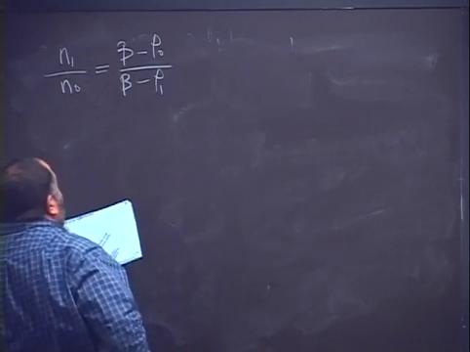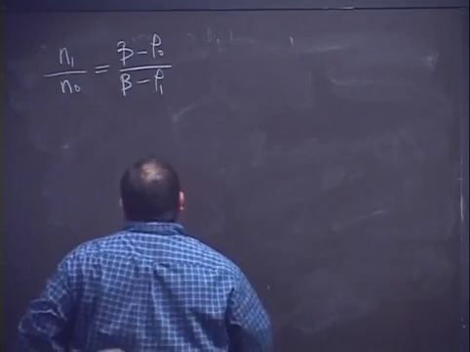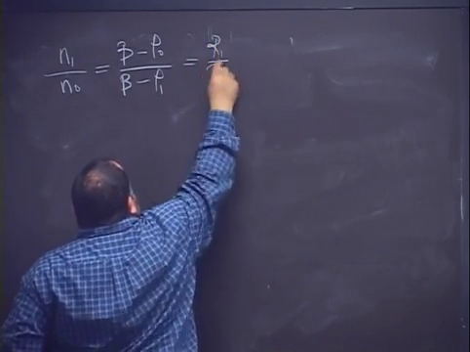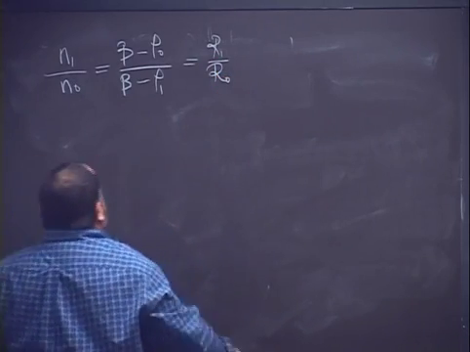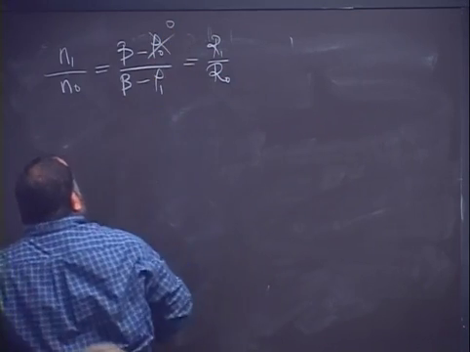And again, N1 over N naught is proportional to R1 over R naught, and rho naught is just 0.